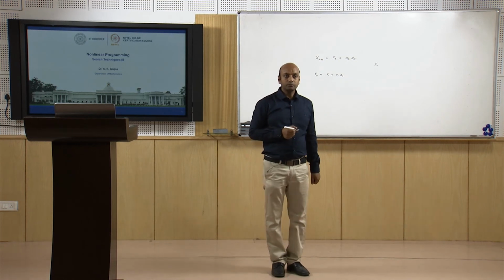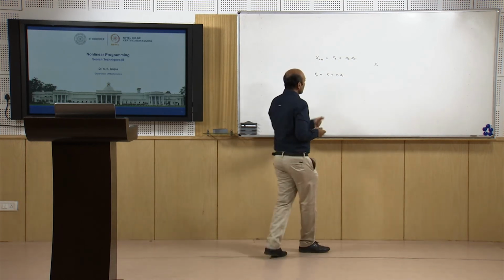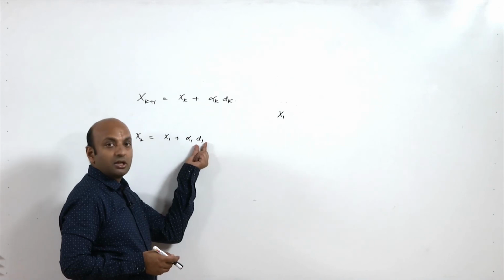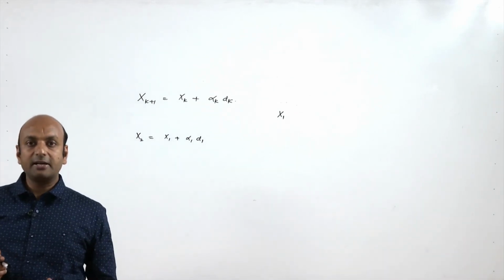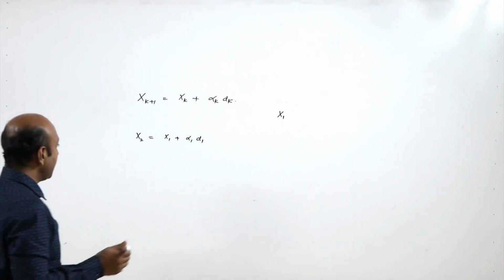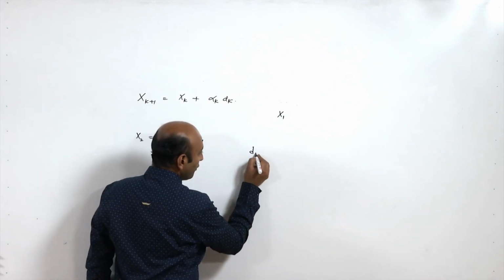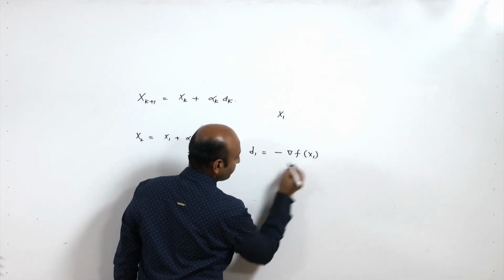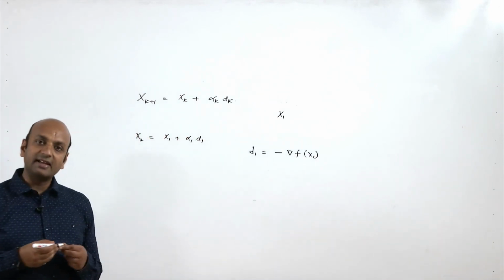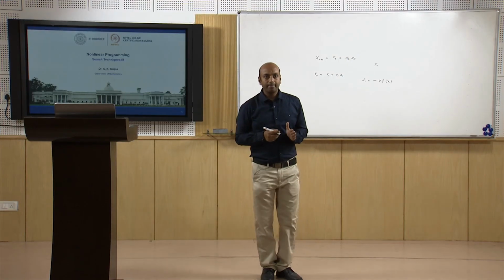Now, here, for the first direction in this method, the conjugate gradient method, we take the first direction as negative of gradient of f at x 1. First direction we take like this. Okay.